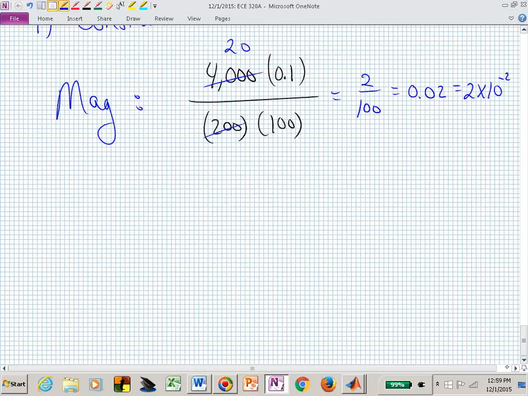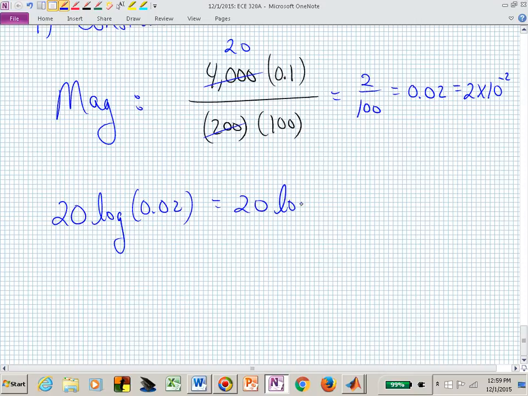And if you forgot your calculator on the final, you still have a prayer, because you can do this in dB. You now are looking at 20 times the log of 0.02.